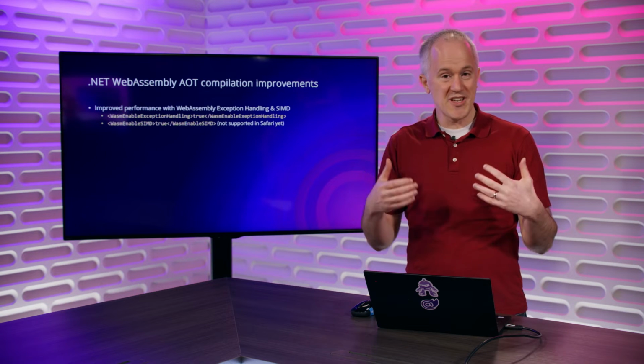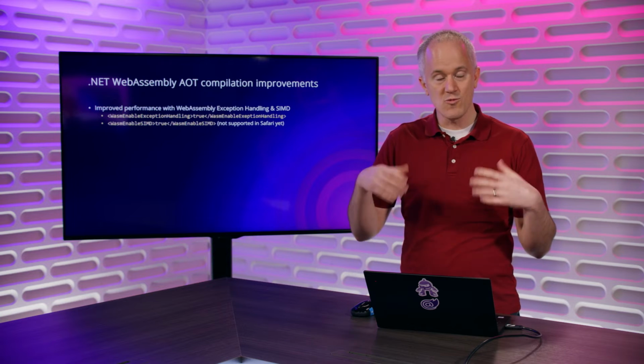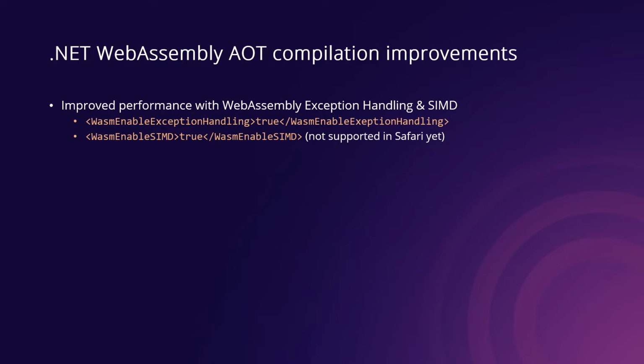Now, we introduced WebAssembly ahead of time compilation in .NET 6 to improve the runtime performance of .NET apps running on WebAssembly. In .NET 7, ahead of time compilation produces code that is much faster thanks to support for some new WebAssembly features: WebAssembly exception handling and WebAssembly fixed-width SIMD, or single instruction multiple data instructions.